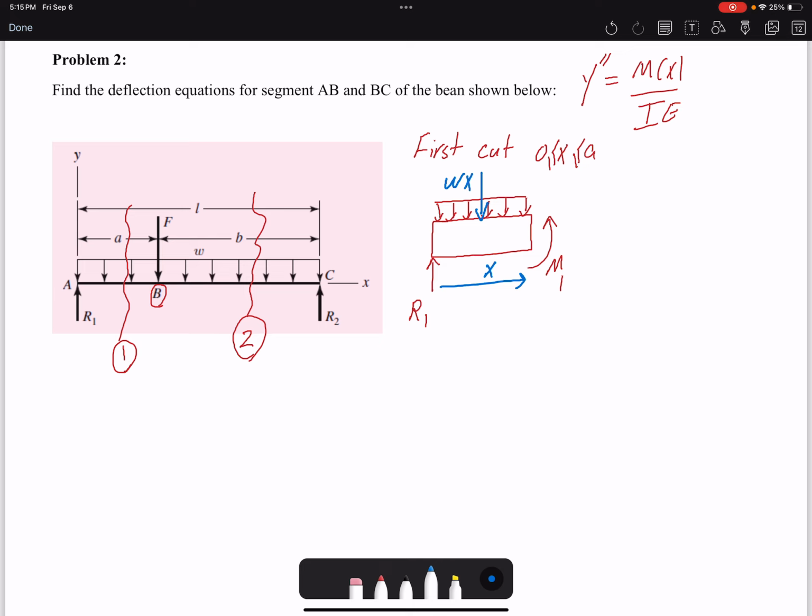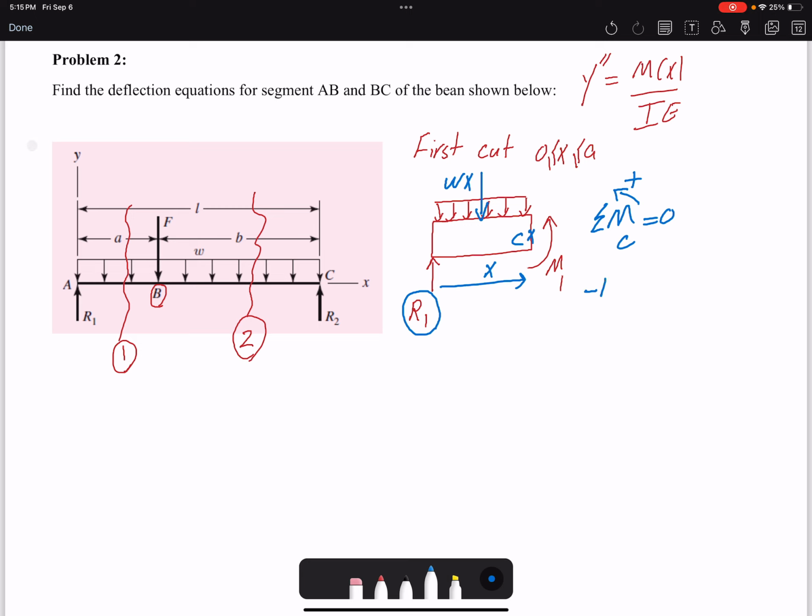So summation of moment at point C, I'm going to call this point C, would be 0. I assume counterclockwise to be positive. This force is creating a clockwise moment about point C, so that would be a negative value.